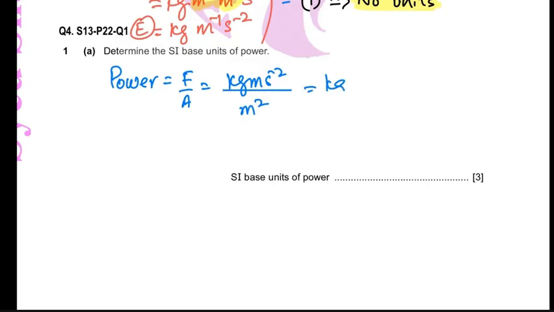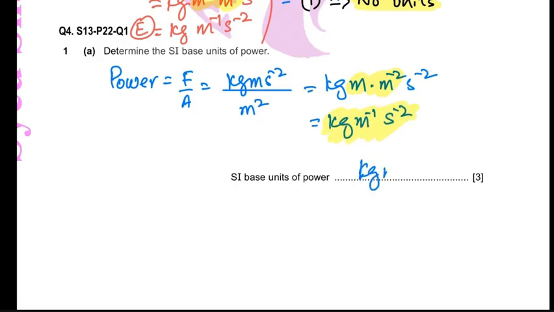It will become kg m power minus 1 s power minus 2.